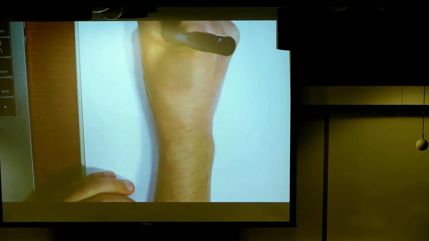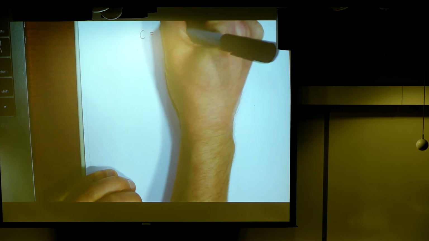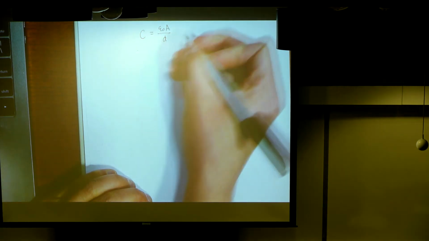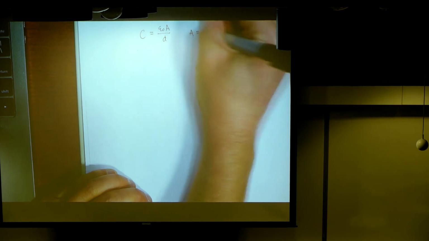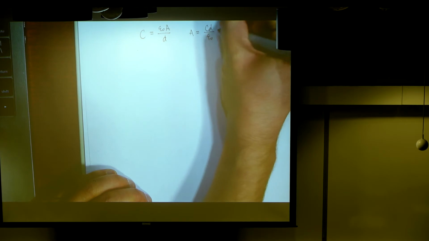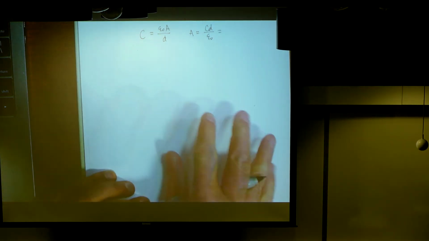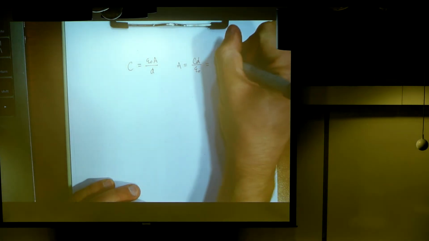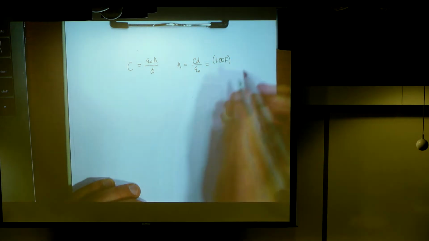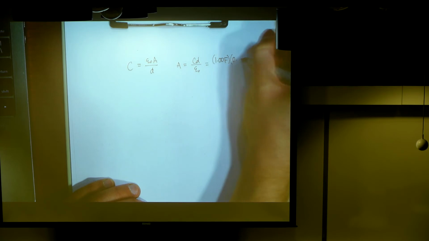So here we have C for a parallel plate capacitor equals epsilon naught times A over D. And let's just go ahead and solve for the area. A is going to be CD over epsilon naught, right? So in this case, we're imagining that the capacitance is exactly 1 farad. I'm plugging in 1 farad for C. The distance between the plates is 0.125 millimeters.